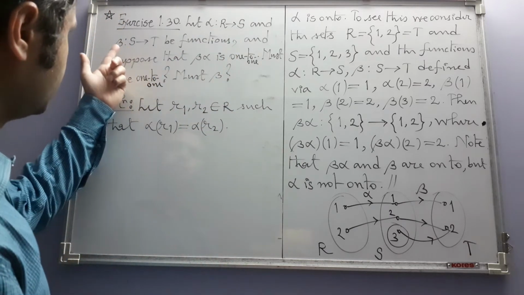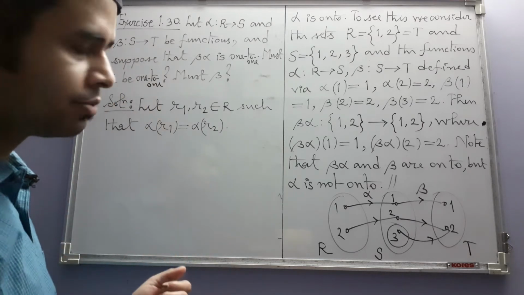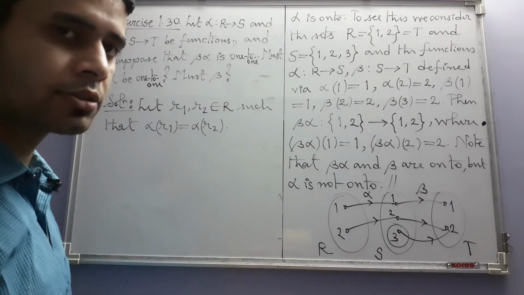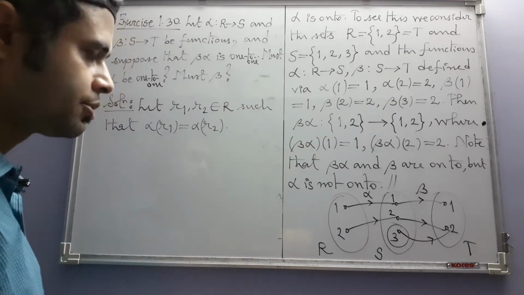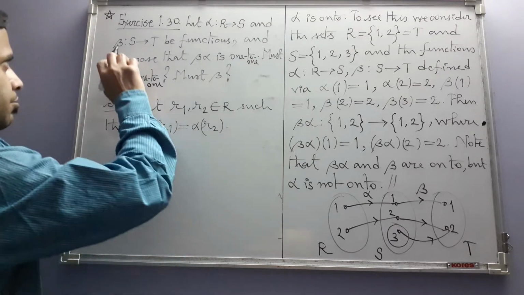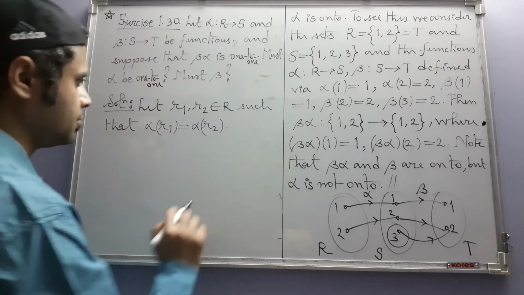Now S is the domain of beta and beta is well defined. So the beta images of these two things, which are actually the same thing, should also be the same. They cannot be different, because otherwise beta won't even be a function.